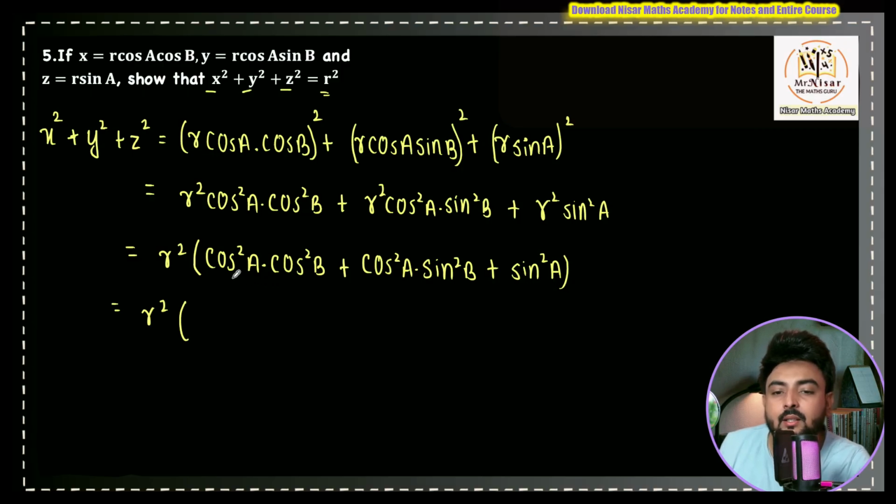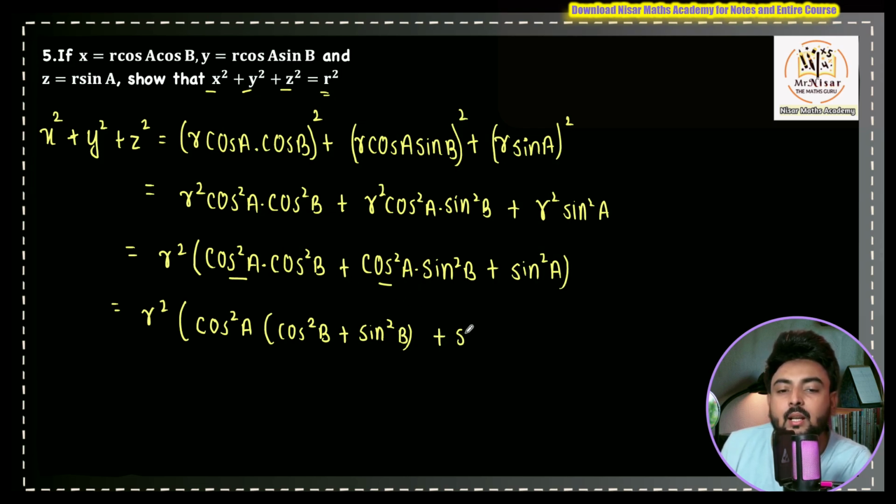I can see here children, cos square a is present here and here also. I'll take cos square a common from the first two terms. What will remain here? In the first term it will remain cos square b, in the second term it will remain sin square b, and here I have sin square a.